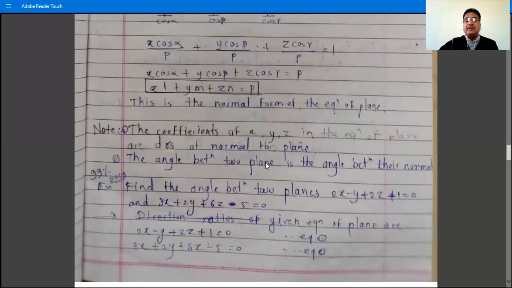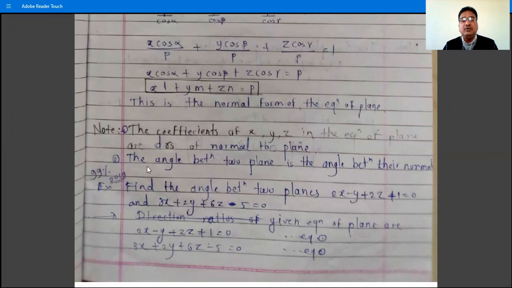And the angle between two planes is the angle between their normals. A very simple statement. How can you find the angle between two planes? We find their two normals, and the angle between those two normals is the angle between the two planes.